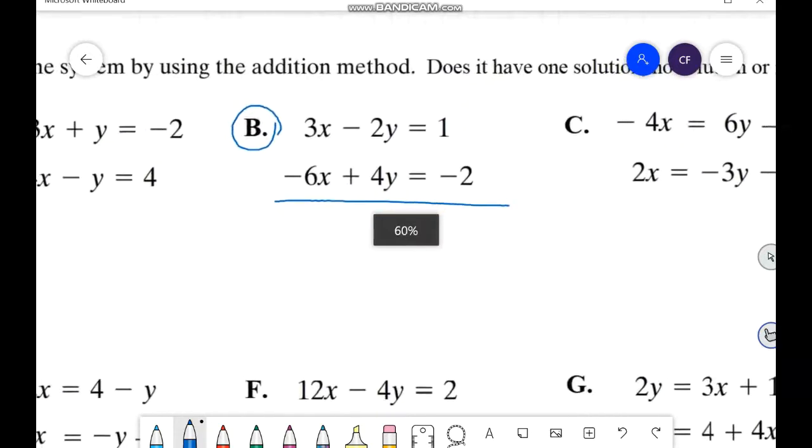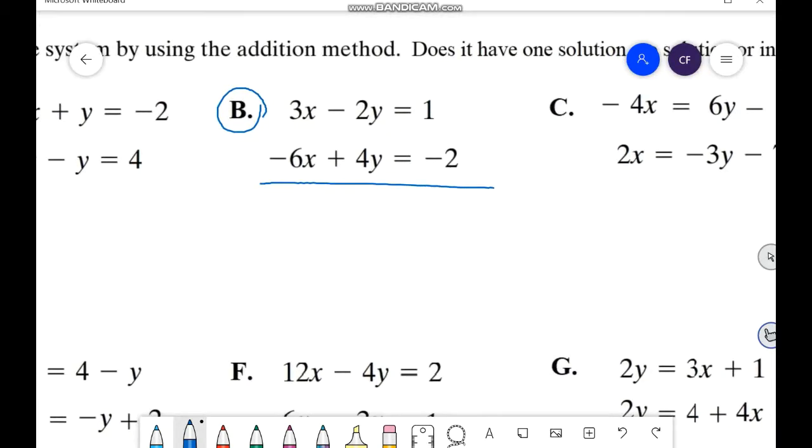It's going to be a multiple choice on the forms. So letter B, we have 3x minus 2y equals 1, and we have negative 6x plus 4y equals 2.